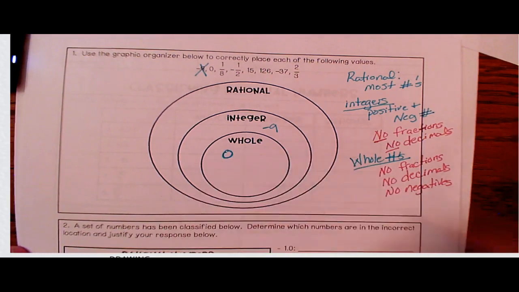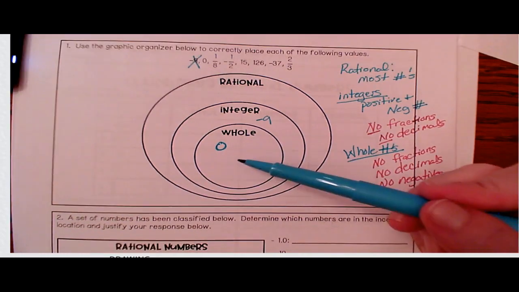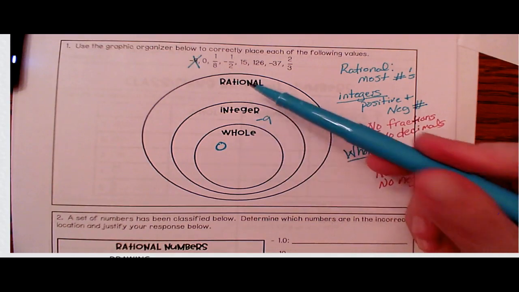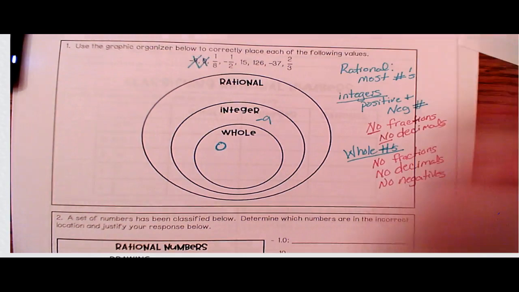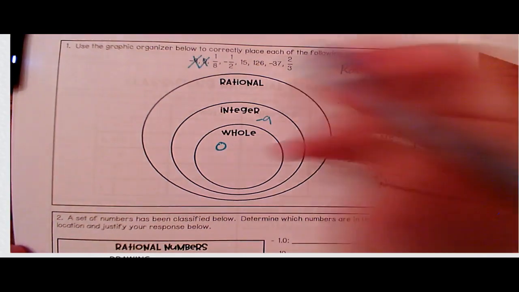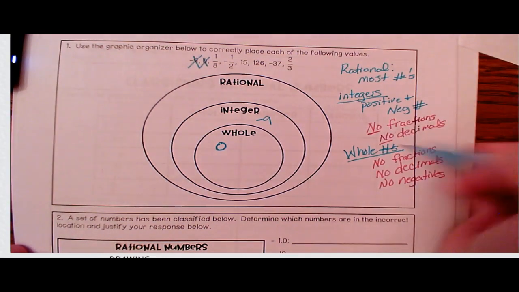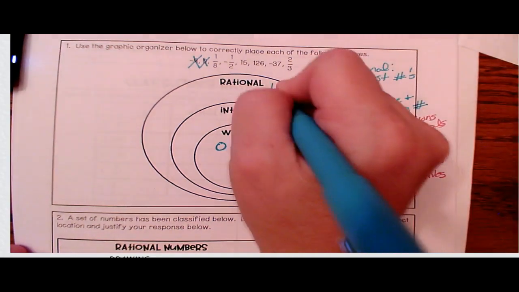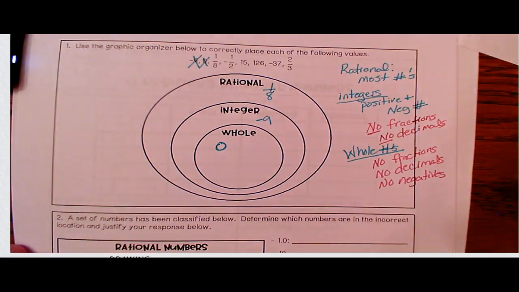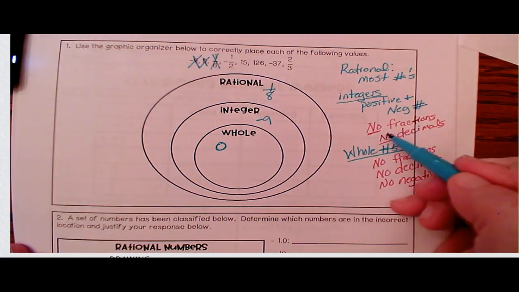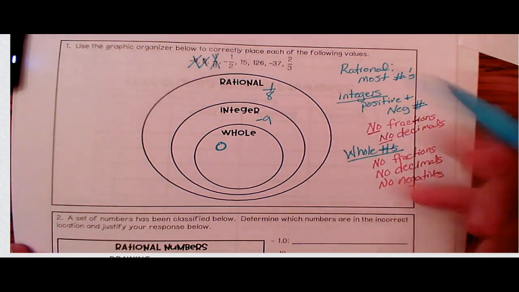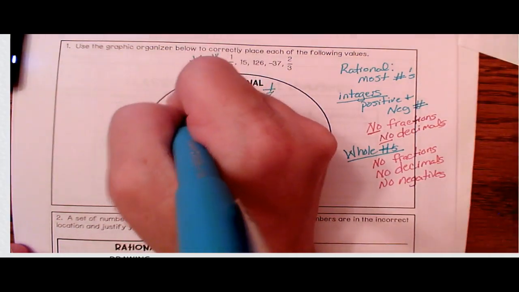So if it's in the whole number section, it is all 3. 1/8. No fractions, so I know it cannot be an integer, so it must be rational. Negative 1/2. Integers cannot have fractions, so it must fit here.